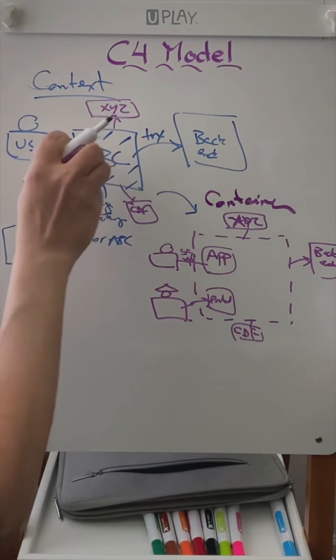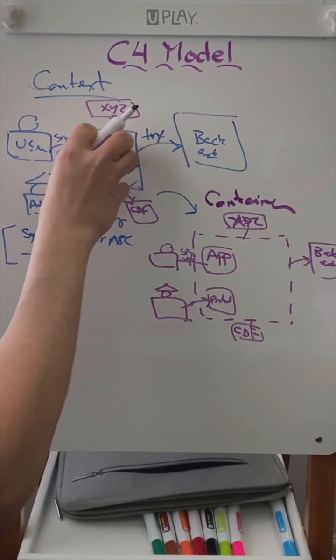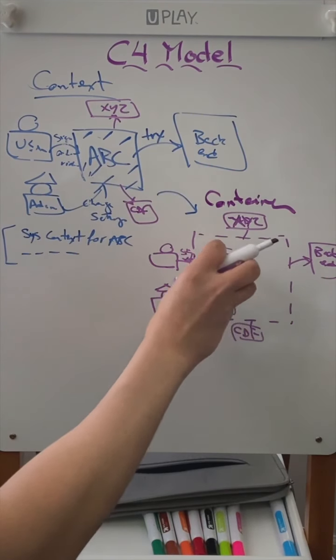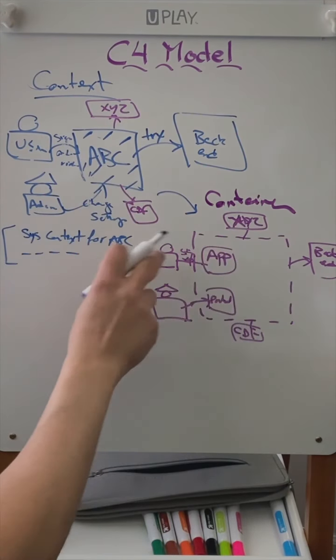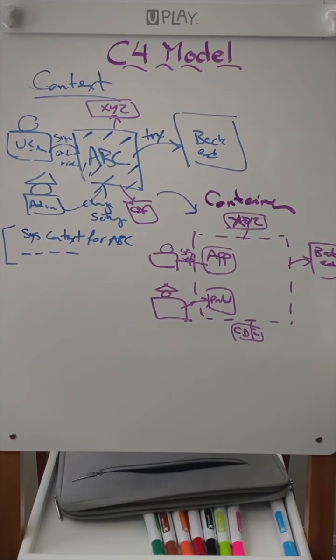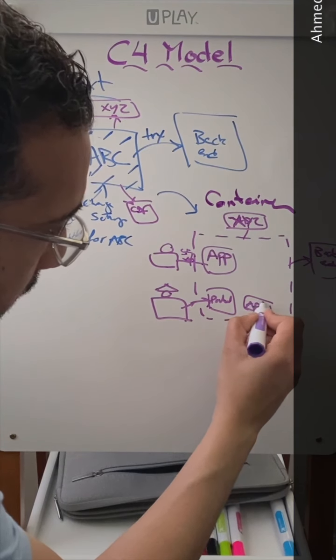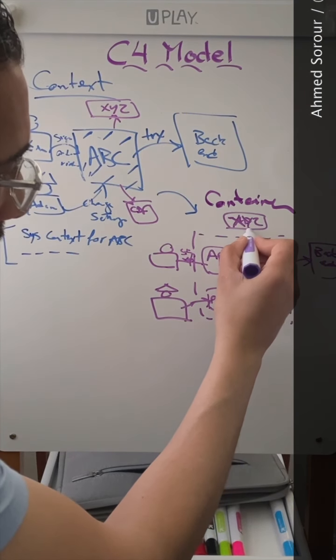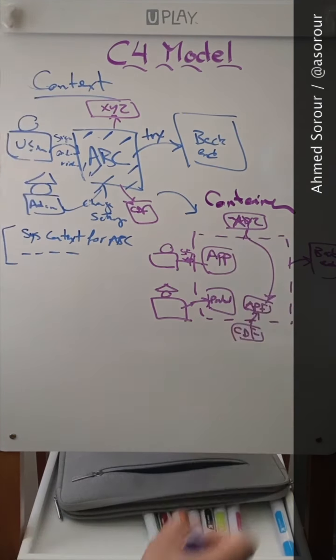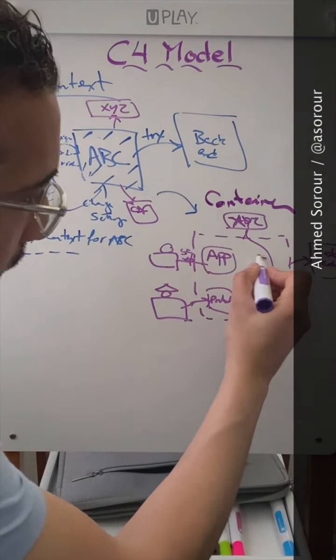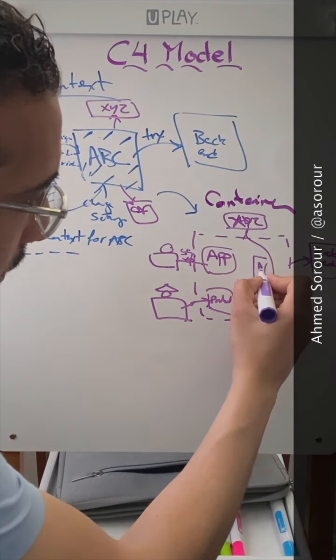Now we're figuring out where exactly inside this system, at the container level, what containers are inside and which container each relation goes into. CDF maybe will have an API. This is another system. Maybe this will work with the same API. With the back end, maybe you have some sort of adapter.